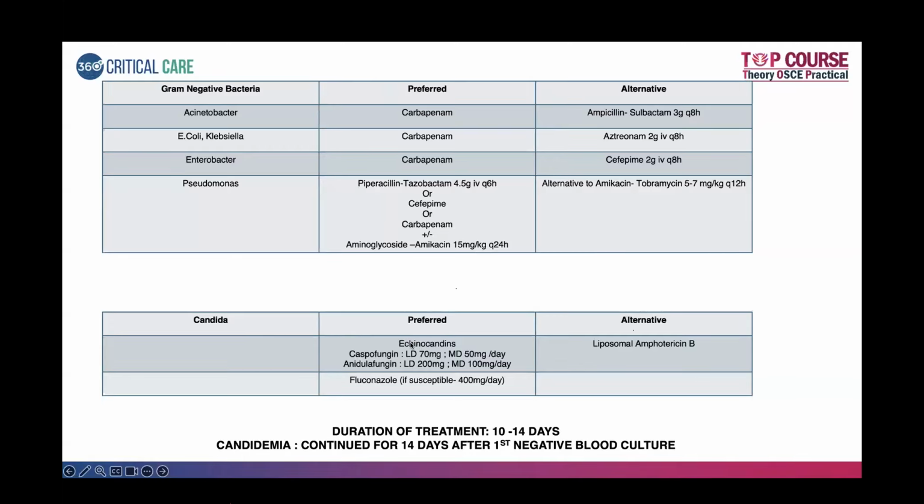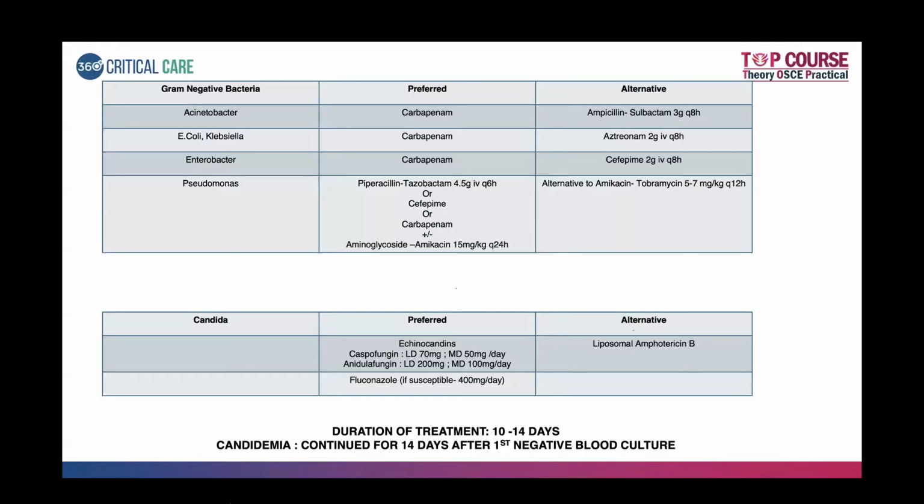So for candidal infections, the ideal one is to go with echinocandins. So caspofungin, loading dose of 70 milligrams and a maintenance of 50 milligrams per day. And anidulafungin, loading of 200 followed by a maintenance of 100 milligrams per day. So the alternative, if these are resistant, then you need to go with liposomal amphotericin B. Fluconazole, if your cultures turn positive for Candida and it is susceptible, then you can shift over to an azole.